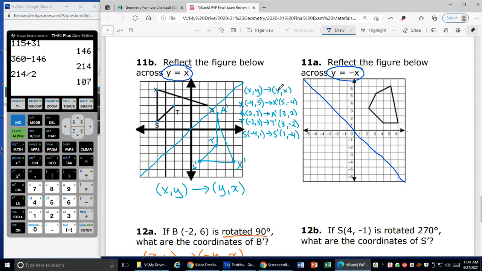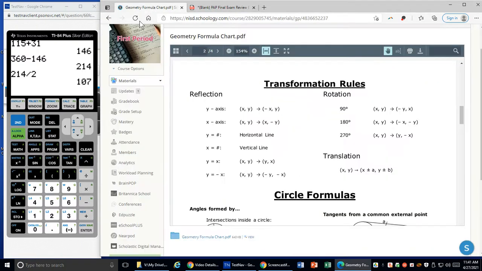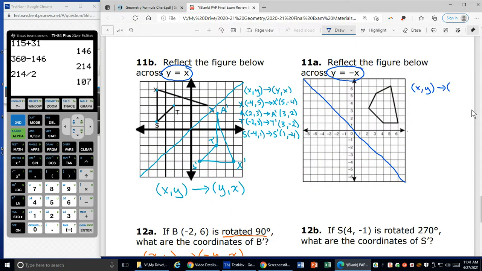That means I'm going to have a different rule. For y equals -x, (x, y) reflects to the opposite of y, the opposite of x.